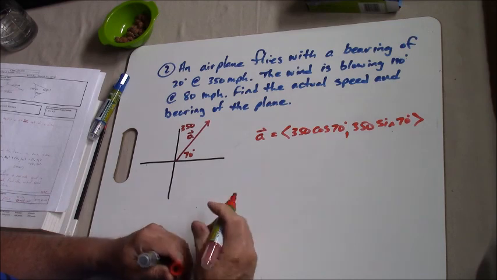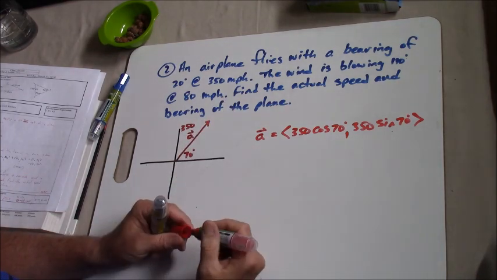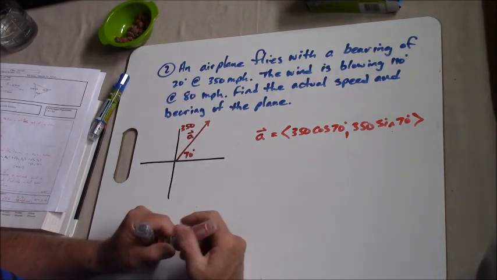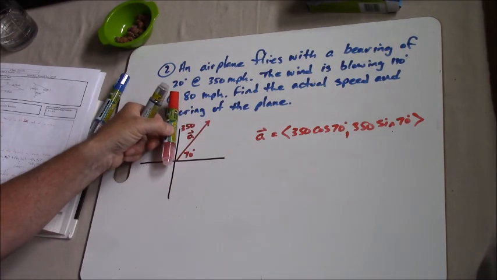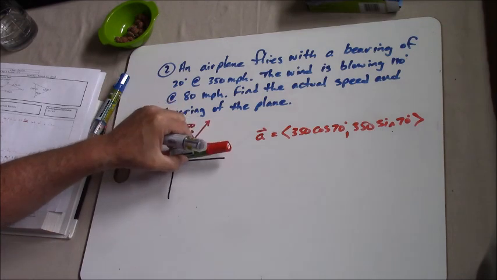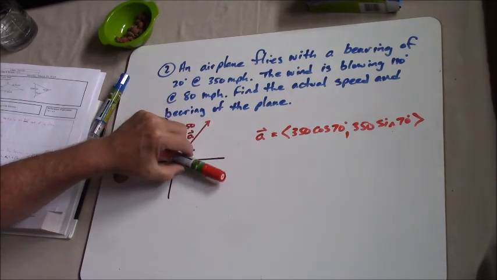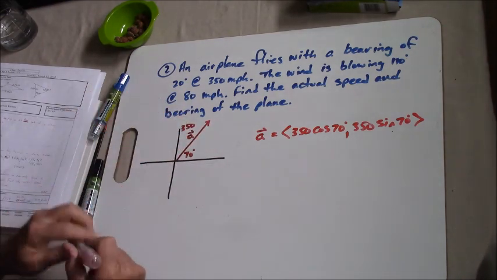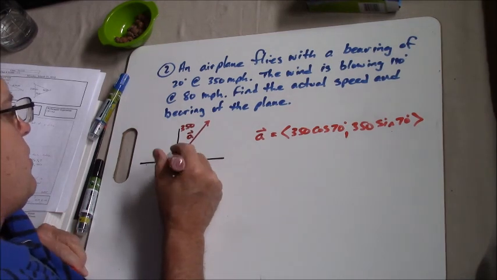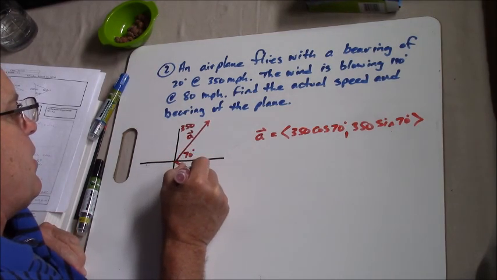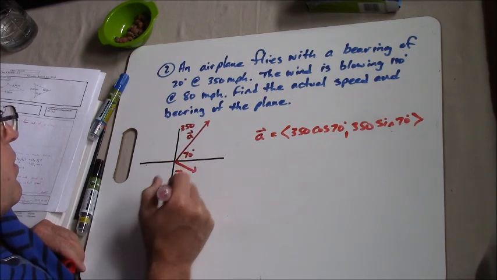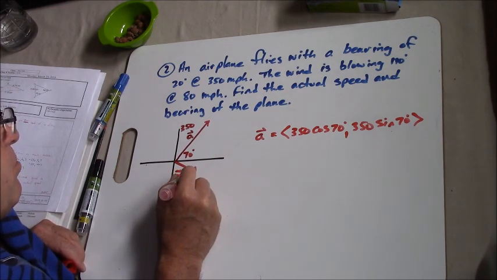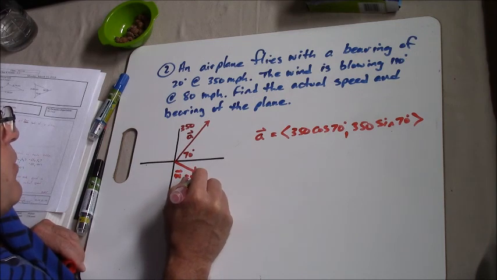All right? And so then we've got the wind. It's blowing at a bearing of 110 degrees. So if I start here at north and rotate, there's 90 degrees. I need to go another 20 down to here. Okay, so the wind is blowing this way. And I'm going to make this a smaller vector because the wind, call it vector W, is blowing at 80 miles per hour.